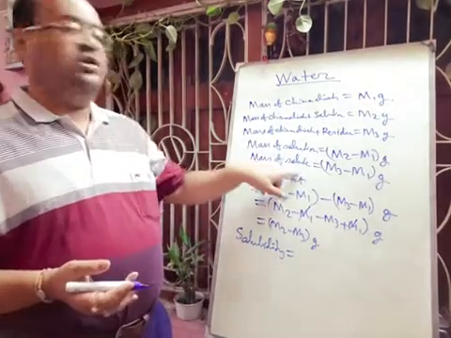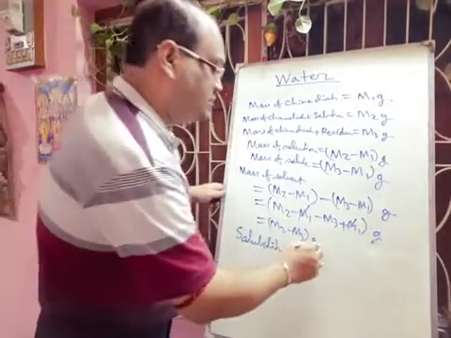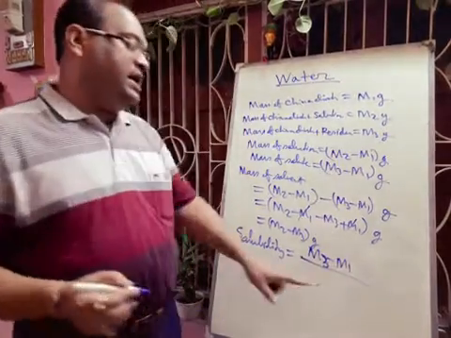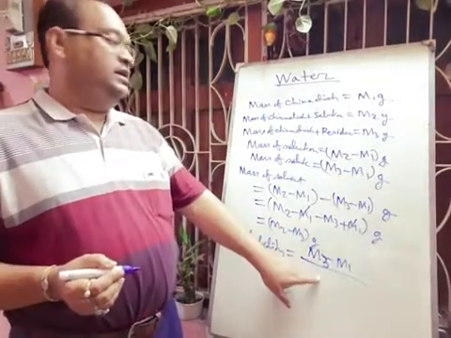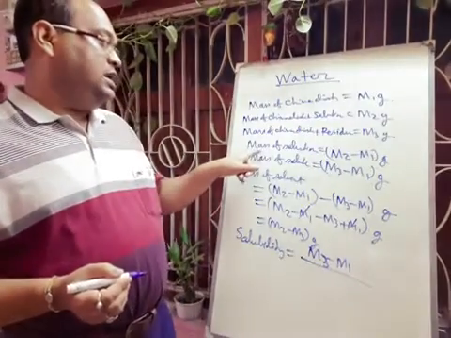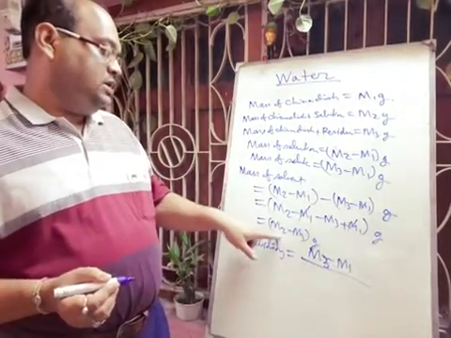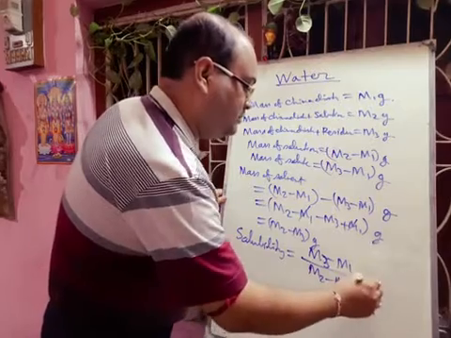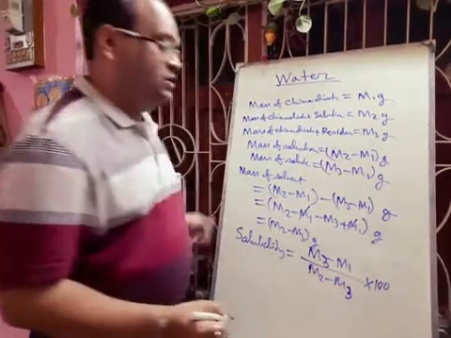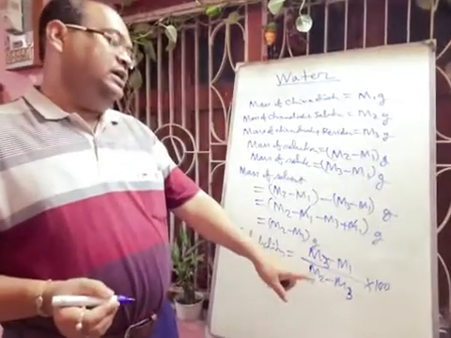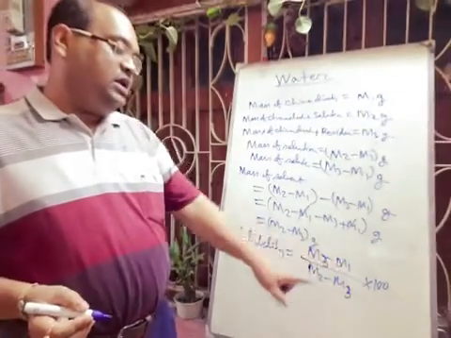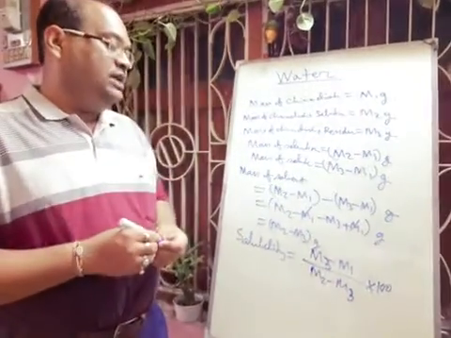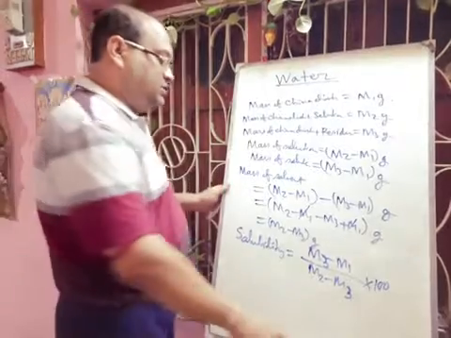This one, m3 minus m1, divided by the mass of the solvent, which is m2 minus m3, into 100. So the solubility is m3 minus m1 divided by m2 minus m3, into 100. In this way we can easily calculate the solubility of a particular solute.